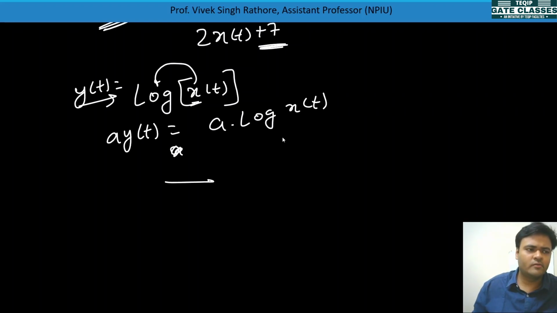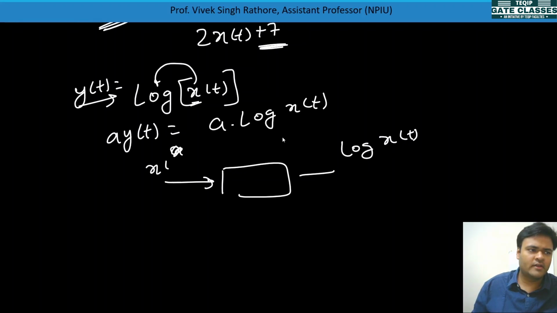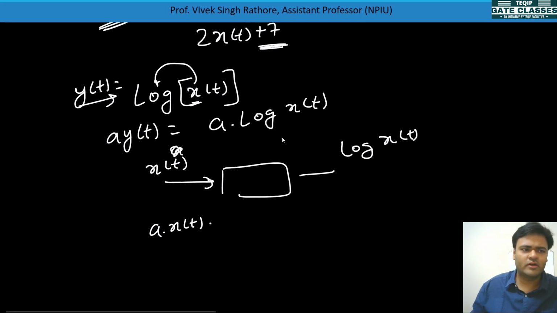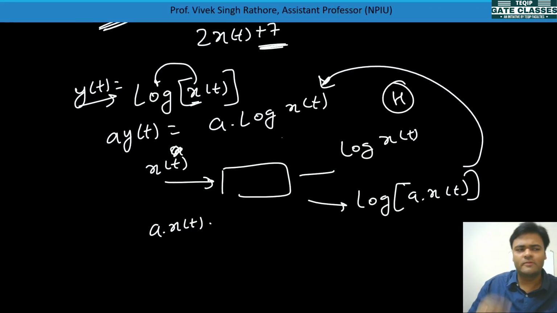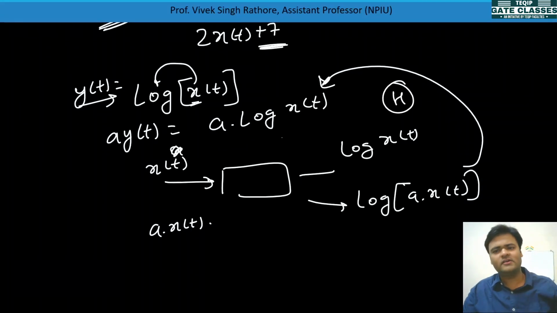If we are giving xt as input, this is creating log of xt. If you will give input as a into xt, what it will give, log of a into xt, which is not equal to a into yt, so it is not satisfying the homogeneity principle. So there only we can say that it is a non-linear system.